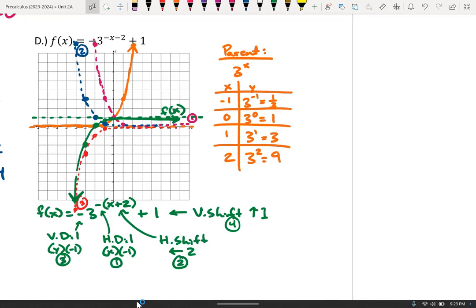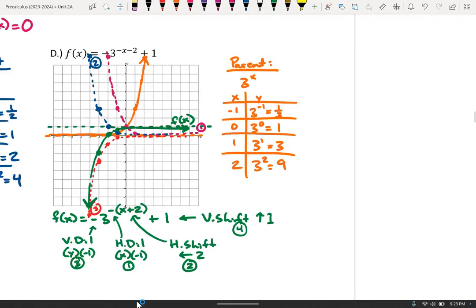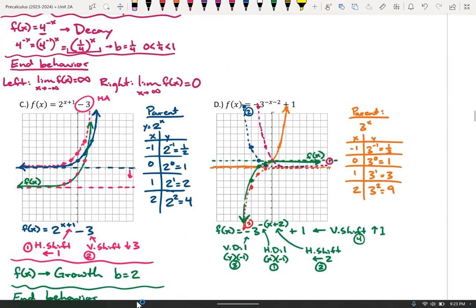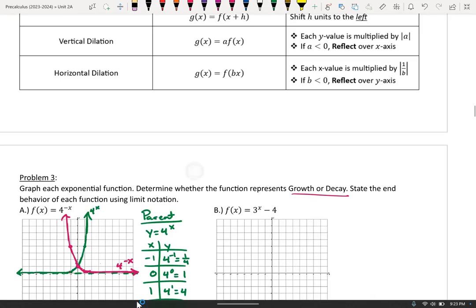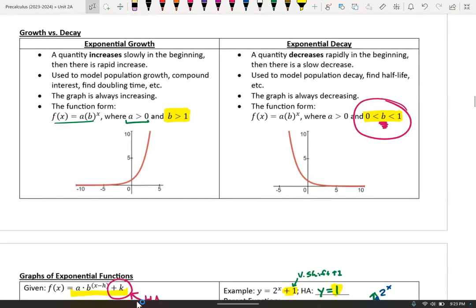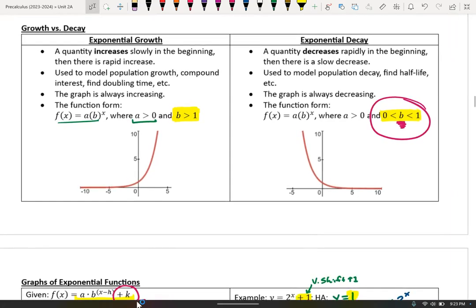Now this one, since our a value is a negative, we have that -1 a value out front. That actually makes classifying it as growth or decay a little difficult. Let's look back at our definition of growth and decay back on that first page. So growth and decay, on both of them, one thing that it says, a has to be positive.